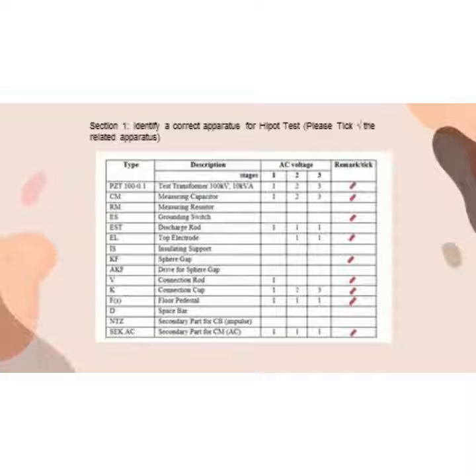For Section 1, identify the correct apparatus for the test. The description is, first, it must have a test transformer, 100 kV or 10 kVA. Then it must have a measuring capacitor.